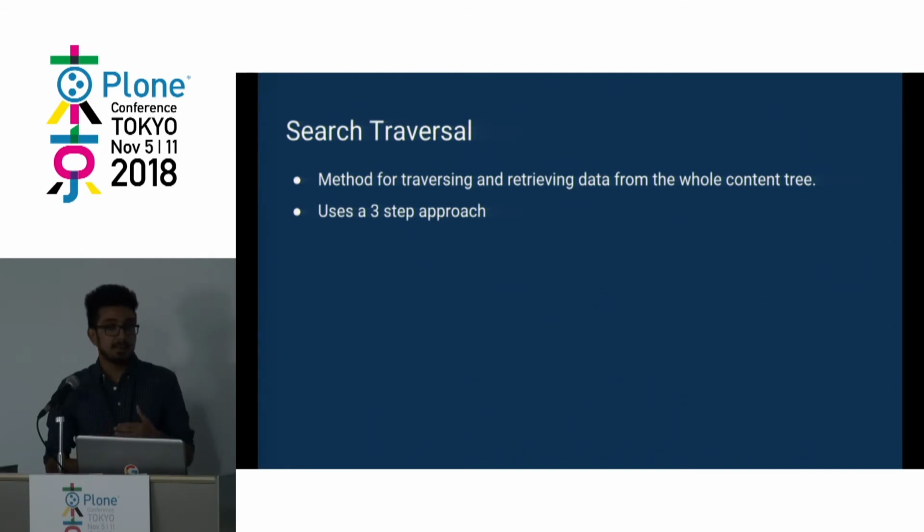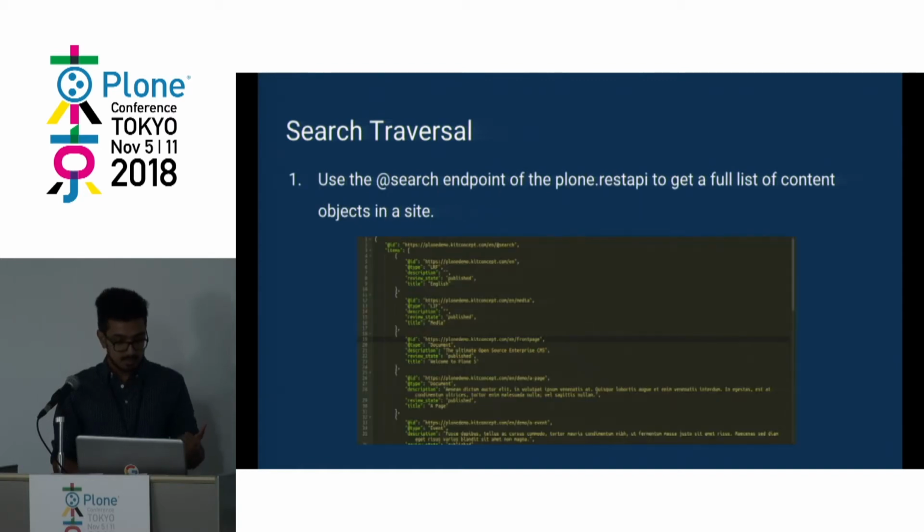We tried out a couple of approaches for this, but this is the one we found most efficient. We have a search endpoint in the Plone REST API, which gives a full list of all the content objects in the site. And this can be used as our way to figure out which objects are there in the site.